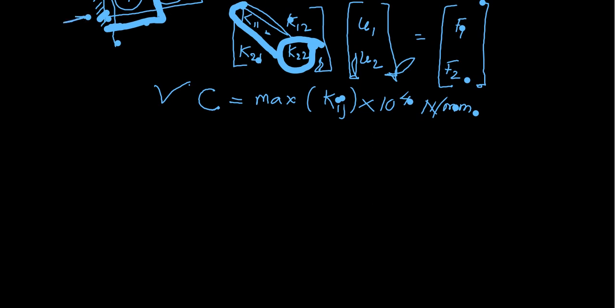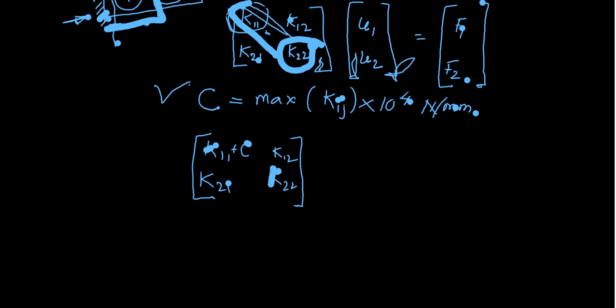So at K11 you should add the value of C. The modified entry becomes K11 plus C, with K12, K21, K22 as before. To maintain equilibrium you add the maximum stiffness to that point where node 1 is fixed.